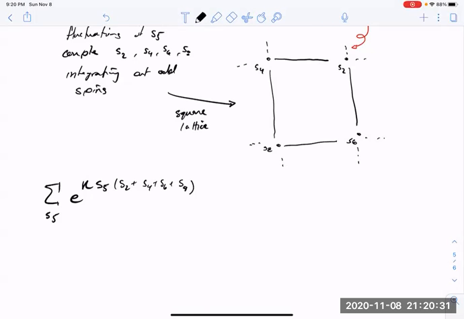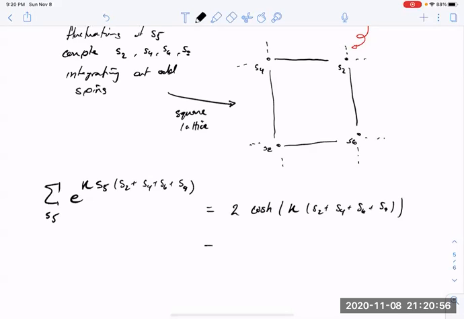Those are all of the terms associated with S5. Again, that's a sum I can do. There's only 2 terms in that sum. Evaluating it, I get twice hyperbolic cosine of k times (S2 plus S4 plus S6 plus S8).